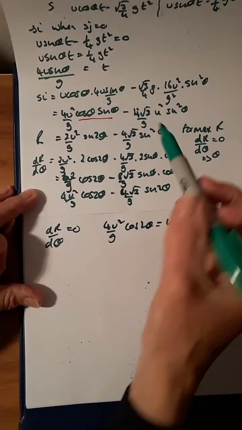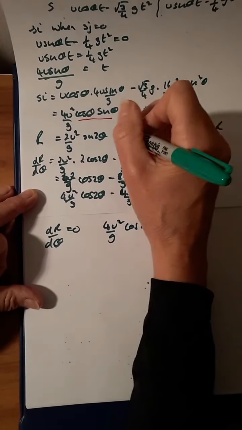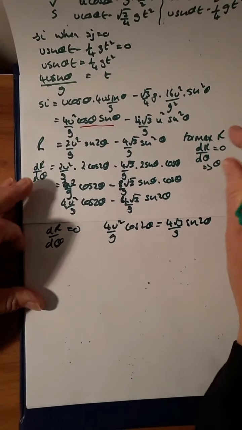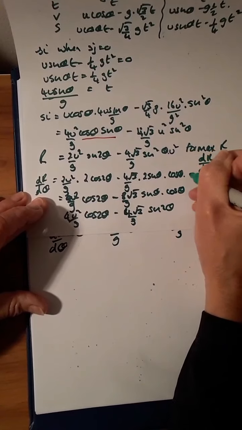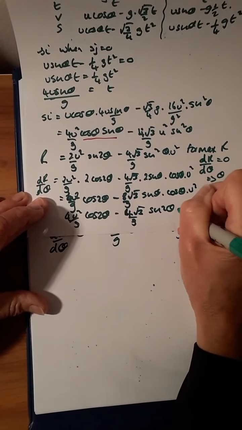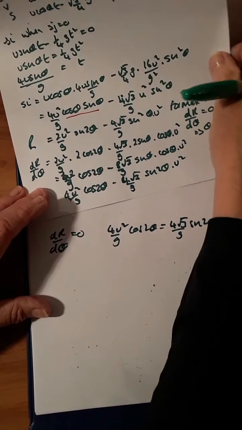I've dropped a u squared there, guys, as I've gone down. So this is 4 root 3 by u squared. Can you see that? I should have a u squared in there.